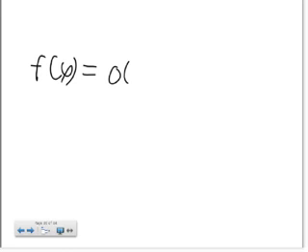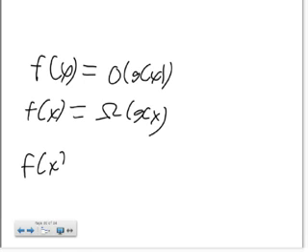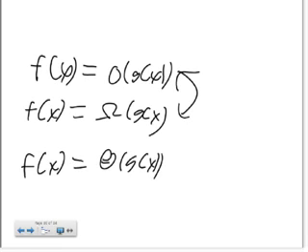Now, theta notation is just the combination of the two. If you have that f of x is O of g of x, and that f of x is also omega of g of x, then you can say that f of x is theta of g of x. So theta is just a combination of omega and big O notation.